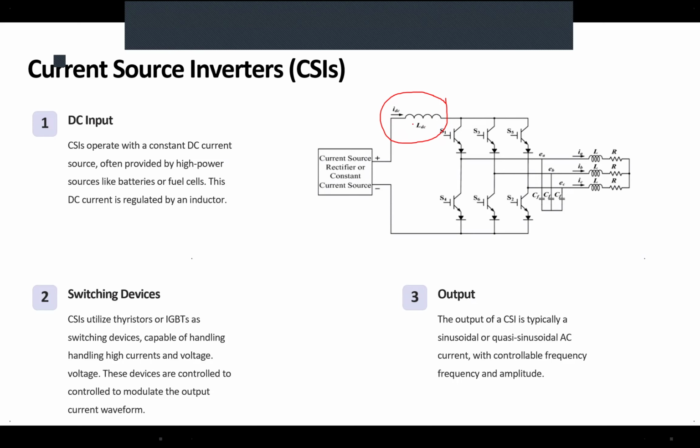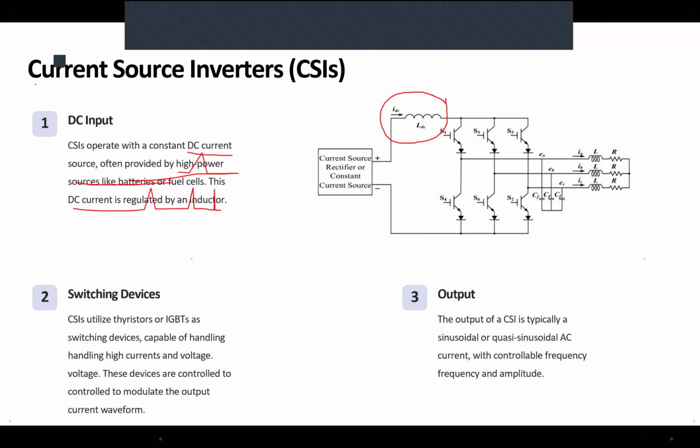The last statement about the inductor? Anyone has any question about that? Okay, hopefully it is fully clear. So the input is DC current, which provides a high power source of battery, okay? And the DC current is regulated using the inductor.